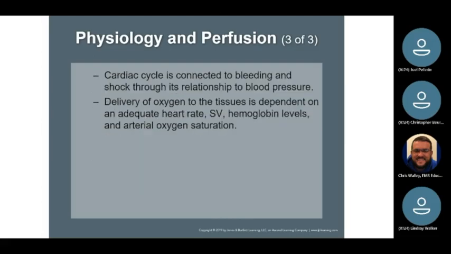The cardiac cycle is connected to bleeding and shock through its relationship with blood pressure: blood pressure equals cardiac output times peripheral vascular resistance. Your MAP equals your diastolic pressure plus one third of your pulse pressure.